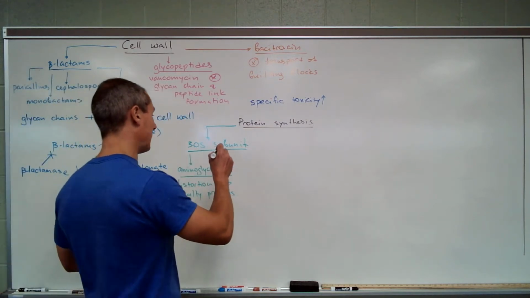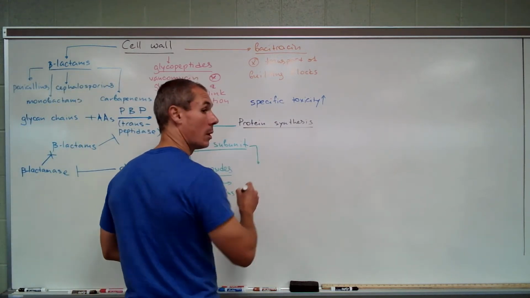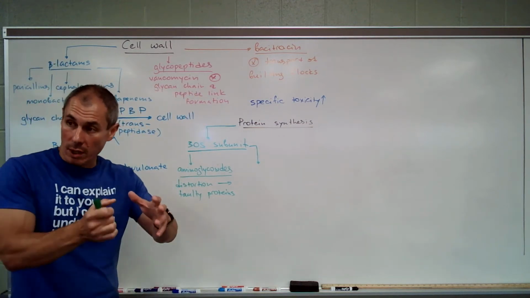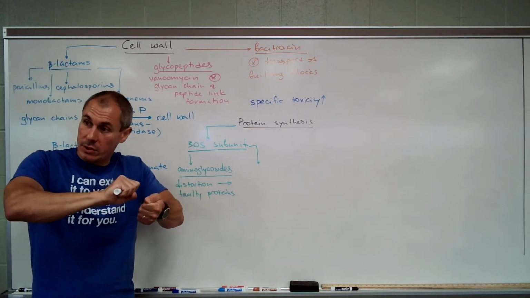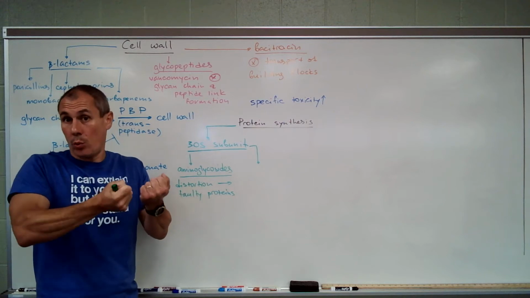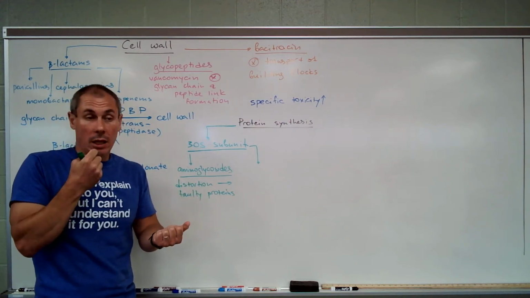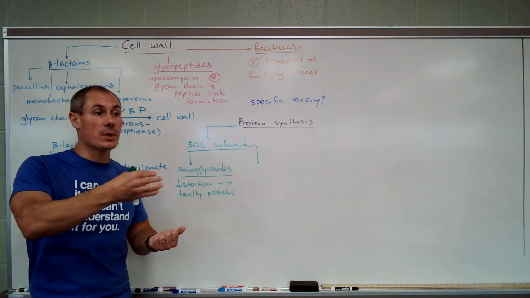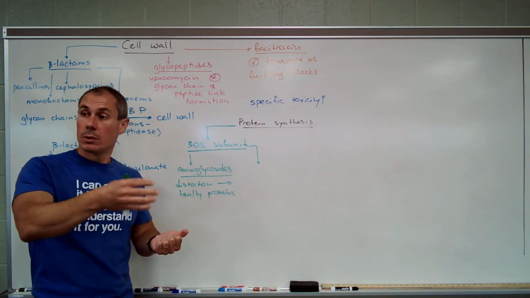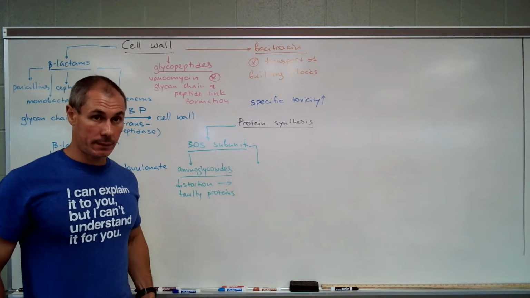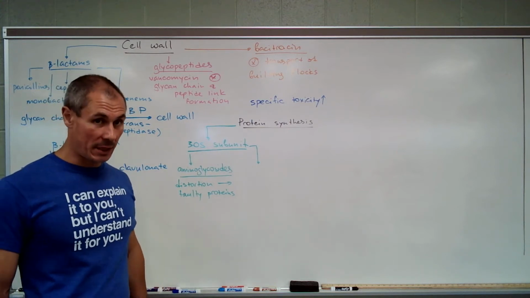Okay, what do they distort? The ribosome itself. So the structure of the 30S subunit gets tweaked, disturbed. Does that make sense? And it results in misreading the codons. So wrong amino acids get inserted. Does that make sense?